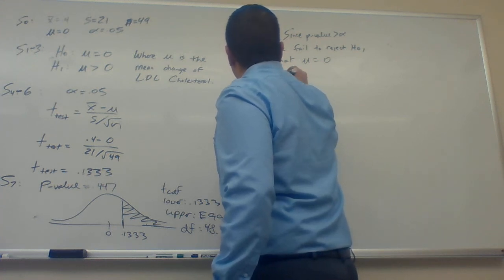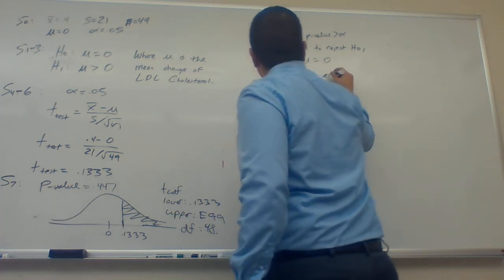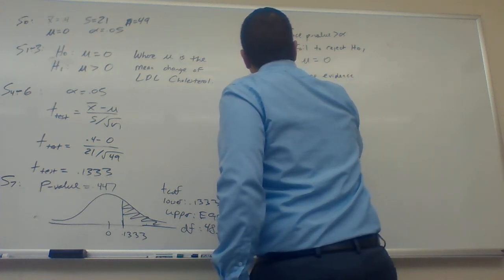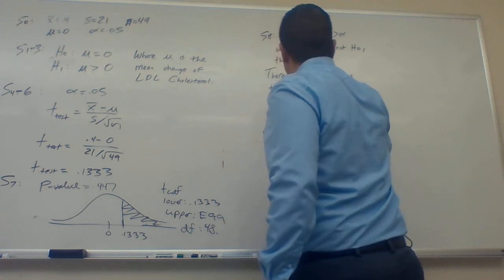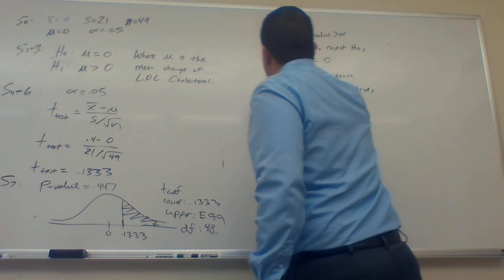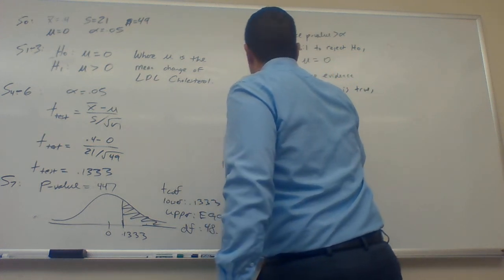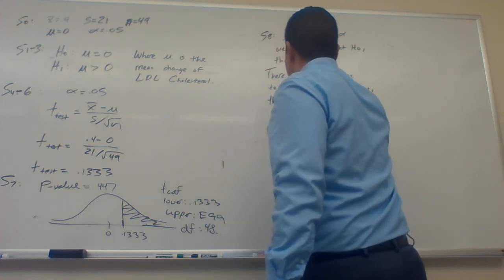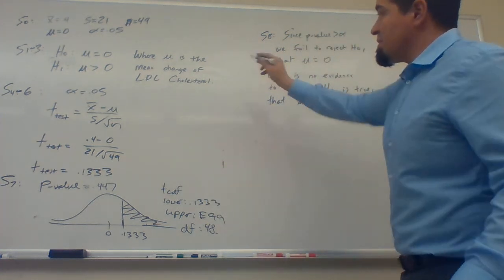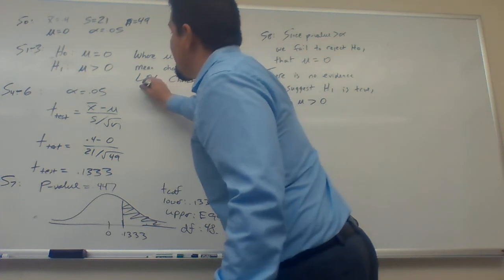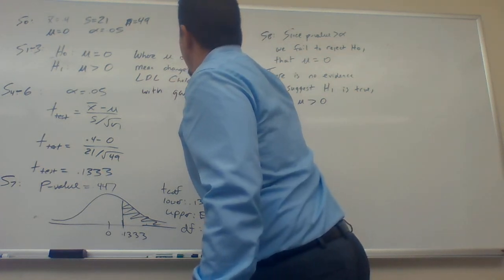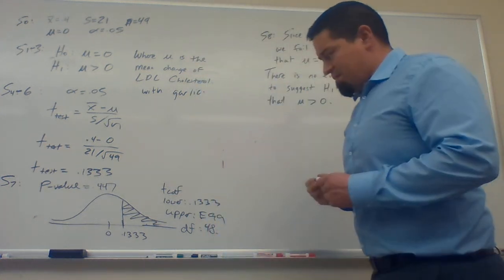There is no evidence to suggest H1 is true, that the mean change of LDL is greater than 0 with garlic. I should have put that there. I'm just going to put it at that with garlic. That's what you're testing.